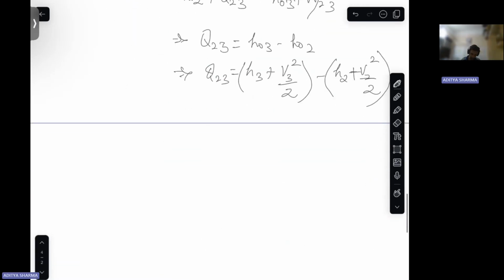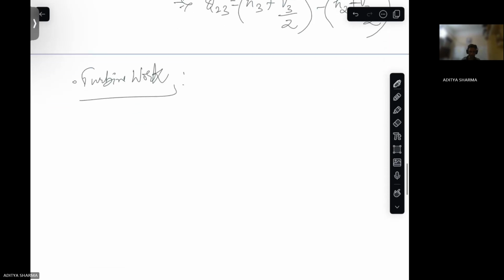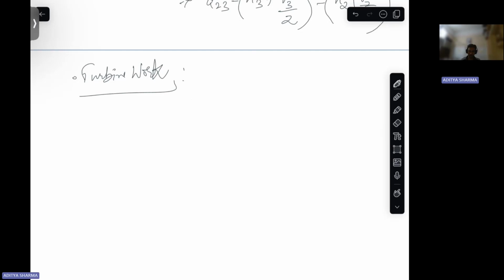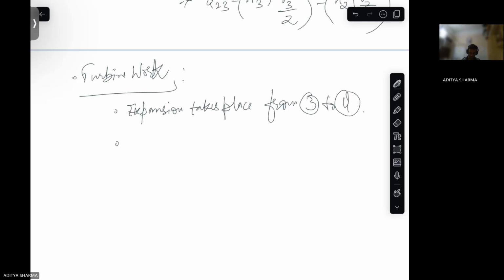Then if we see turbine work, in case of turbine work, if the expansion takes place from 3 to 4, in that case the heat and work interactions we write this way: H03 plus Q34 is equal to H04 plus W34.